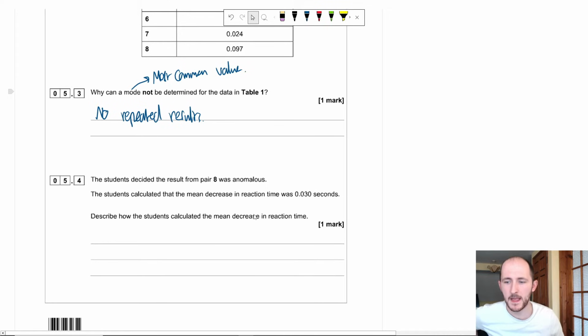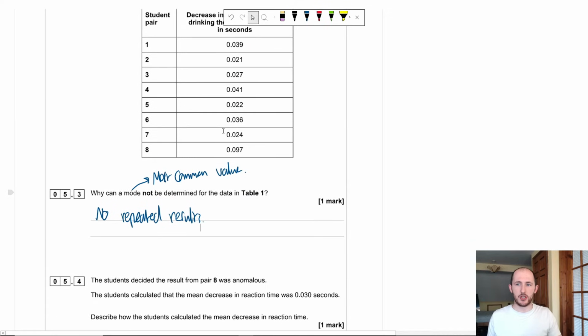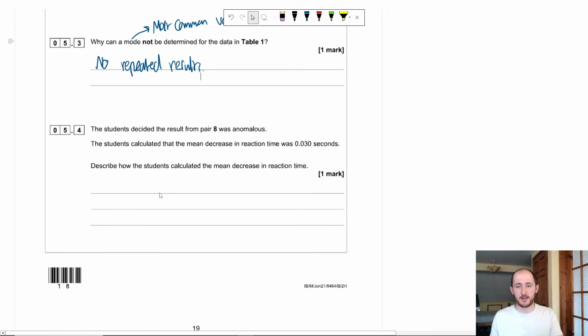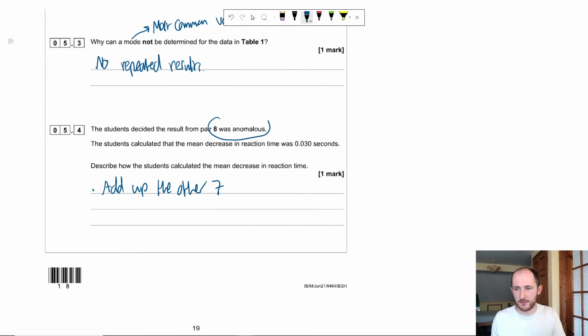So here's what you do. How do you calculate the mean? You add up all of the values and you divide them by the number of values. That's all you have to write. So add up the other 7 results, because remember, they're getting rid of the number 8, right?